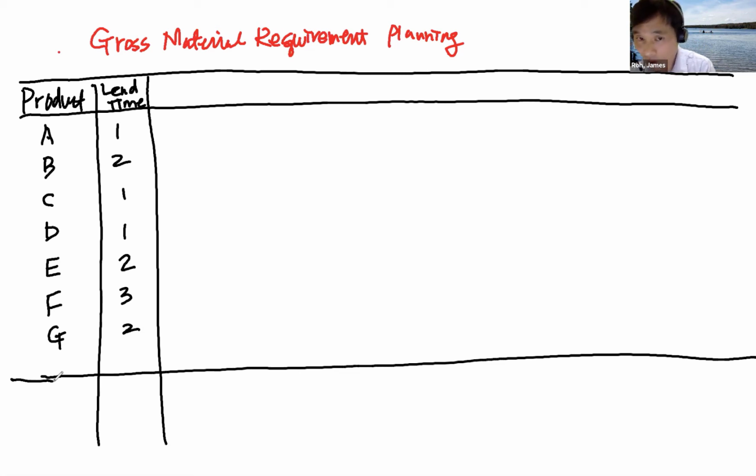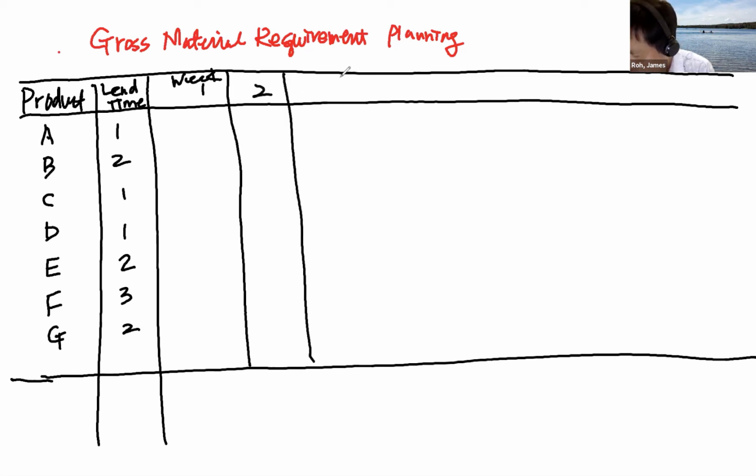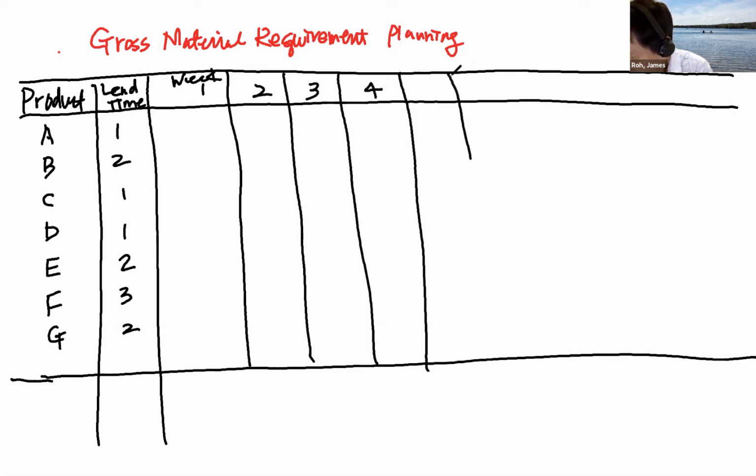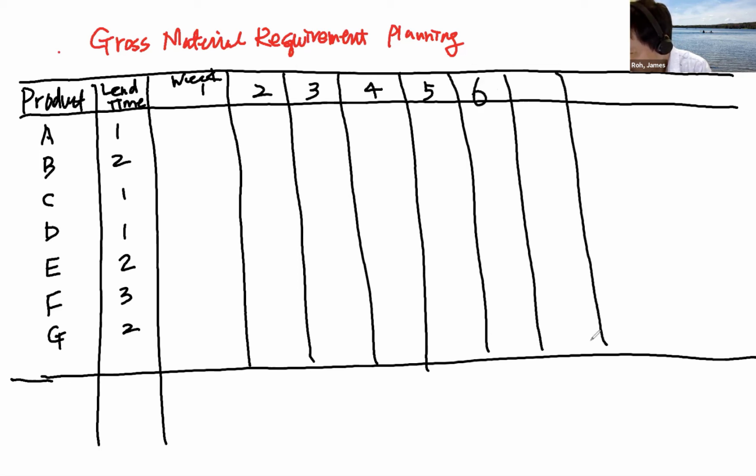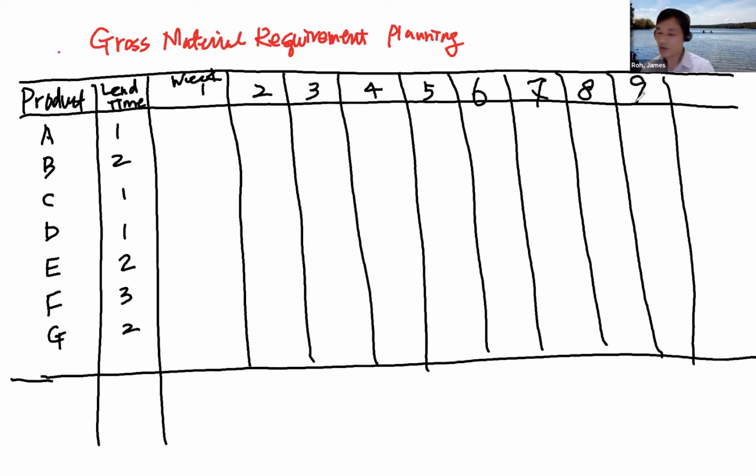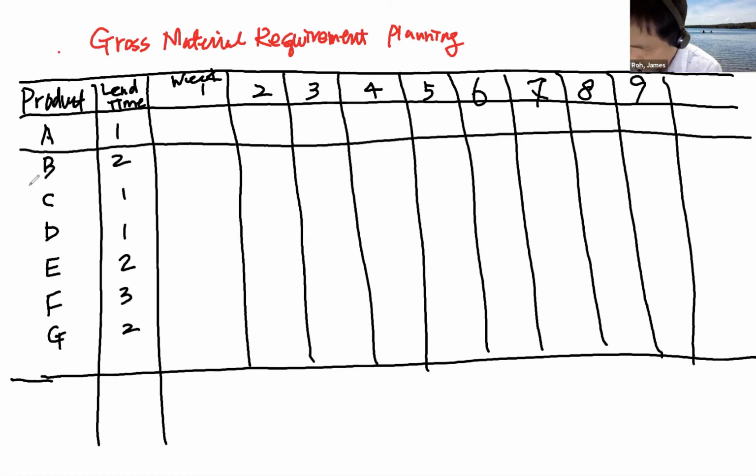And here is week 1, week 2, week 3, week 4, week 5, week 6, week 7, and week 8, and so on. And week 9, just for your information, I'm going to put there. And then we're going to draw these lines too.